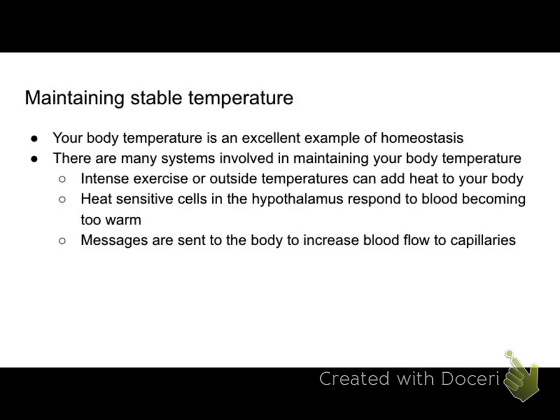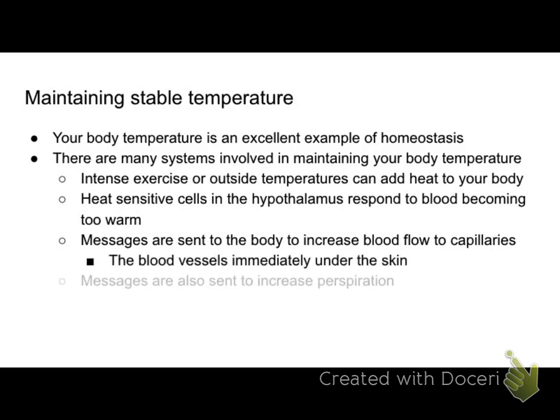The capillaries are the tiny blood vessels that are just under the surface of your skin. Okay? And that message also gets sent to your body to tell you to start sweating.